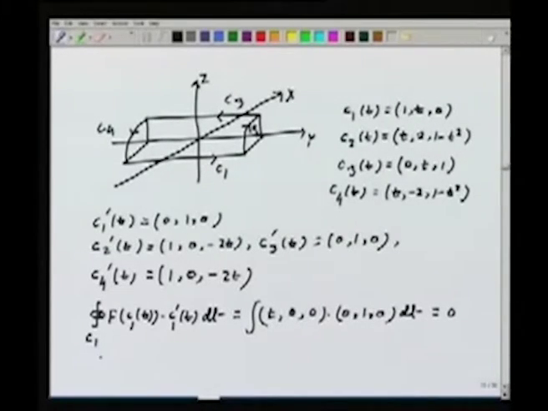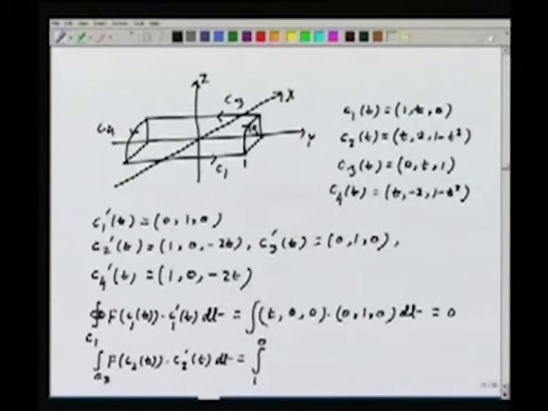Now I have to go to C2, that is the integral of f of C2(t) dot C2 prime t dt. Now I need to know what is the limit of integration. Well, here it is very easy. In C2 the variation is only of x and it is varying from 1 to 0. See, that depends on the chosen direction. I am going in this direction.